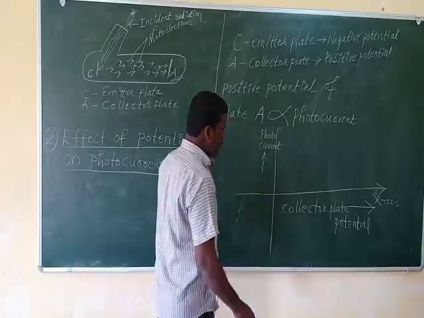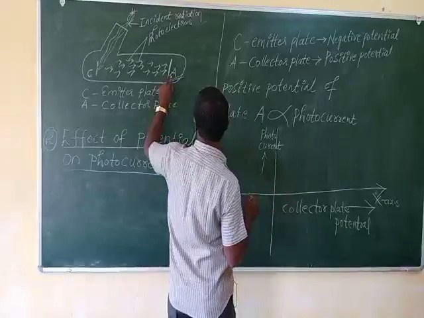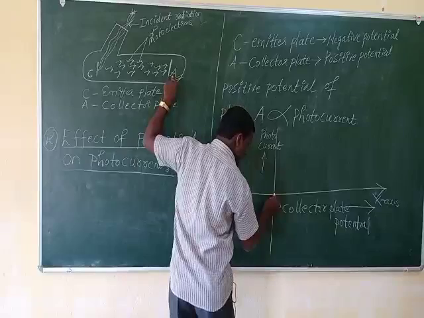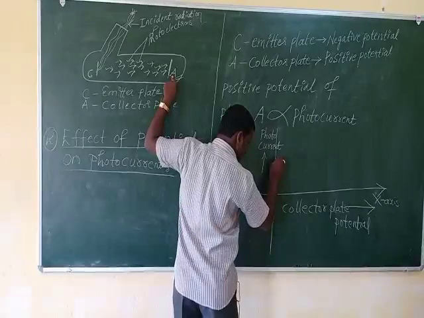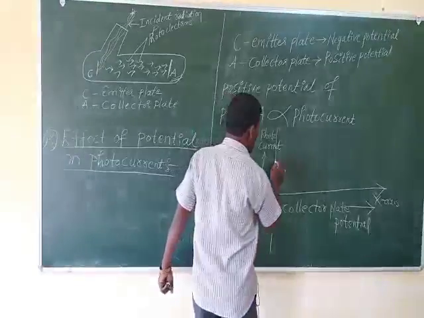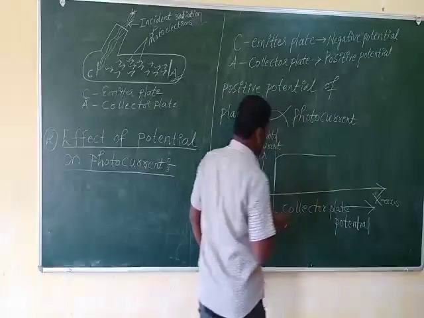So as the value of collector plate potential, I mean the positive potential given to the plate, increases, the photo current increases and then remains the same after some time.